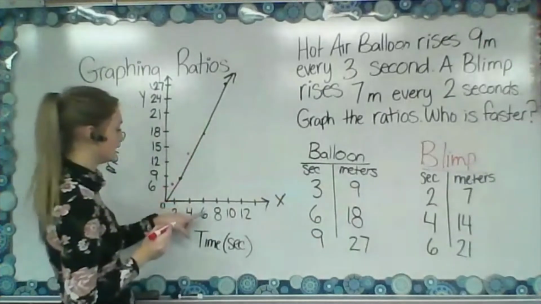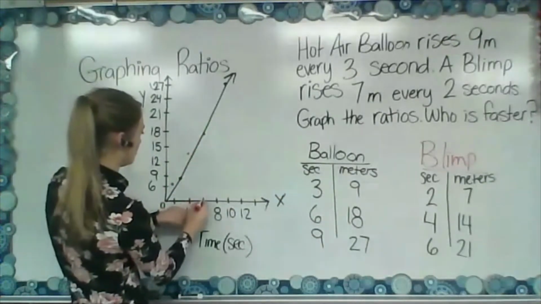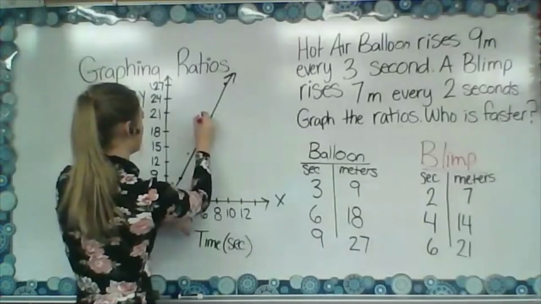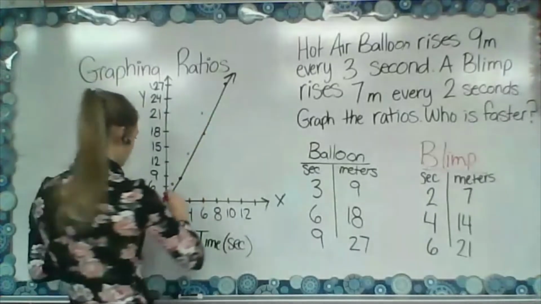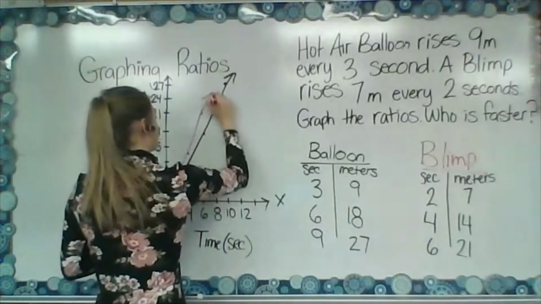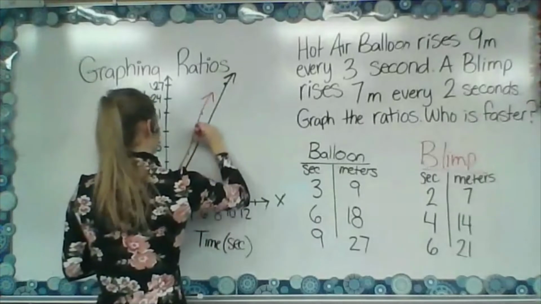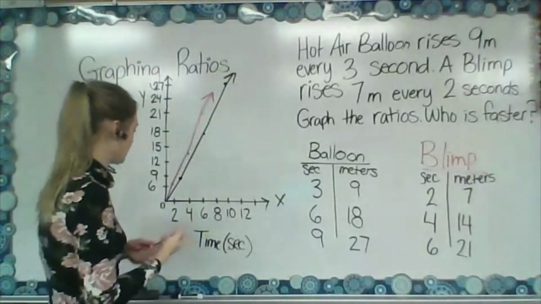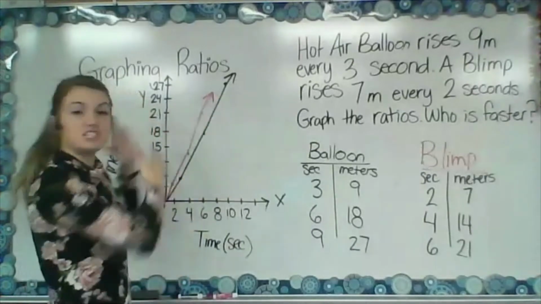And then my last one is 6, 21. So I'm going to go over 6, up to 21, right about there. They're very close together. Can you see that red line, hopefully? There we go. It's kind of crooked, but that'll work. We graphed the ratios.